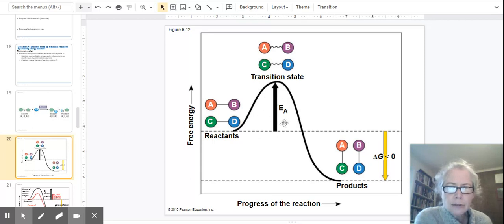The symbol for the activation energy is capital E with a little a subscript, or capital A subscript. What that activation energy does is it creates conditions in which the transition from reactants to products is highly likely. Once you reach that transition state, then it spontaneously results in product.